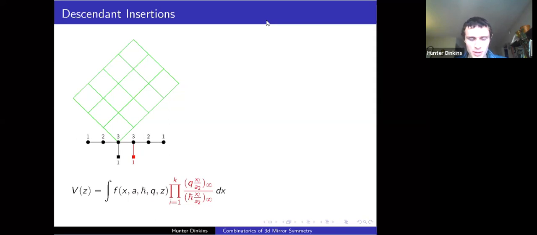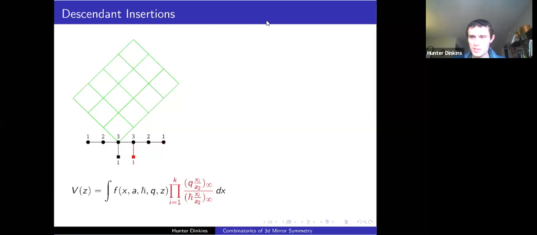I think it's called Bethe eigenvectors, something like that. We interpret it as an integral, and we get terms in our integrals coming from the different arrows inside of the variety or inside of the quiver data.